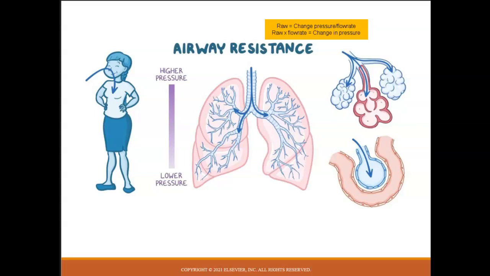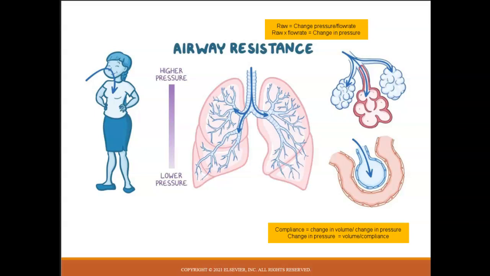So compliance is going to be equal to the change in volume divided by change in pressure. Okay, these equations, you guys should know these now. So if I want to rearrange this equation for change in pressure, change in pressure equals volume divided by compliance. Okay.